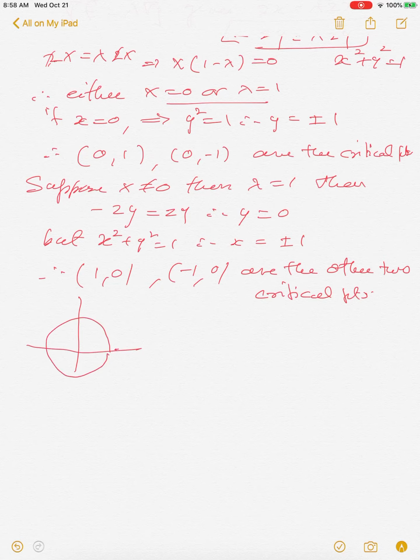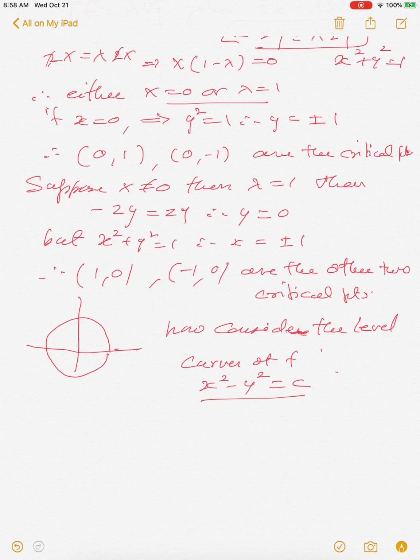the behavior of f, meaning the level curves of f. f is x² − y², so the level curves of f are hyperbolas. If I look at the level curve passing through (1, 0), it looks something like this.